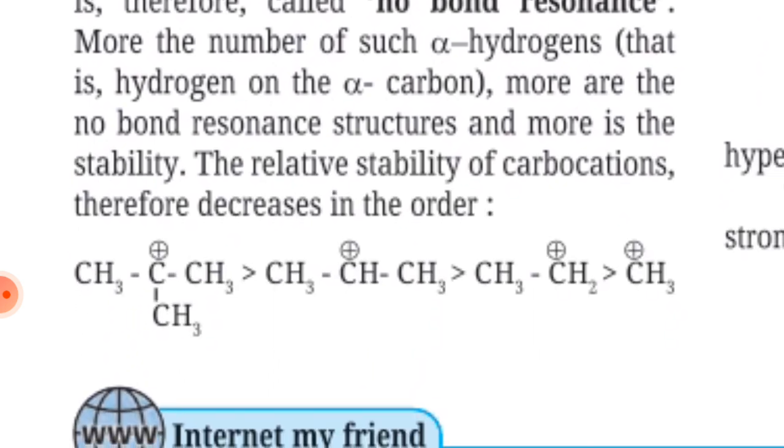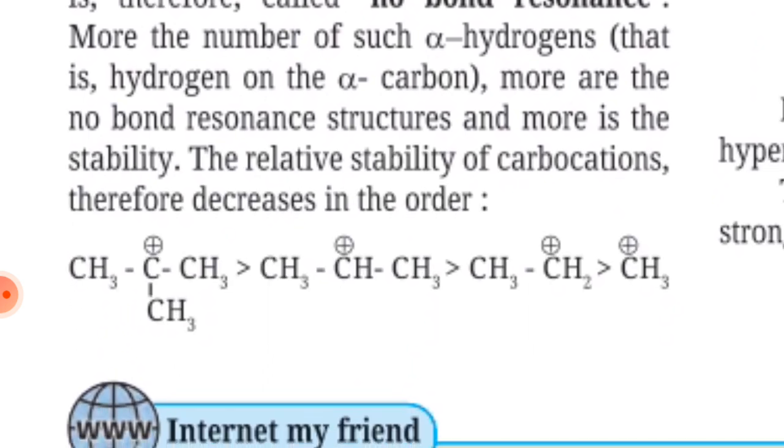The more alpha hydrogens, that is hydrogens on the alpha carbon, the more no bond resonance structures and the more the stability. The relative stability of carbocations therefore decreases in the order (CH3)3C+ greater than (CH3)2CH+ greater than CH3CH2+ greater than CH3+.